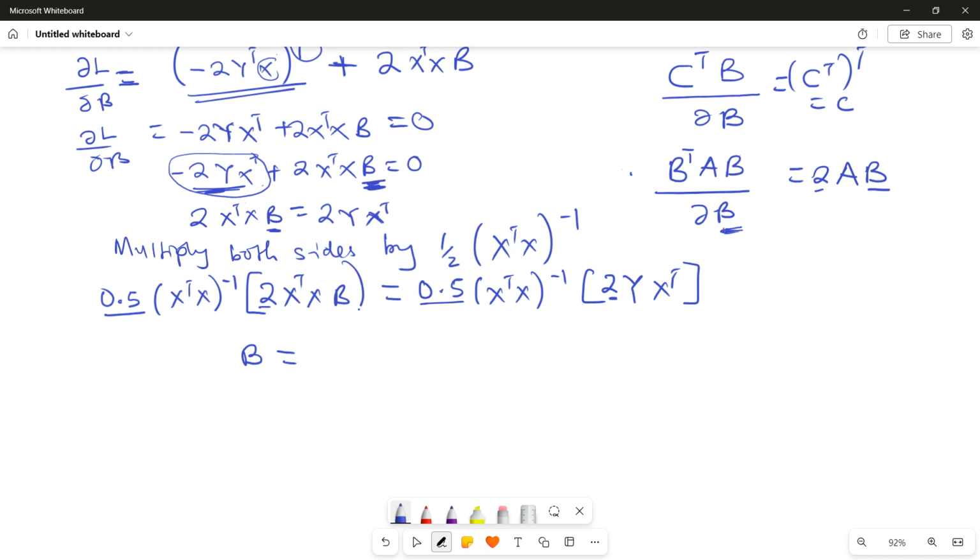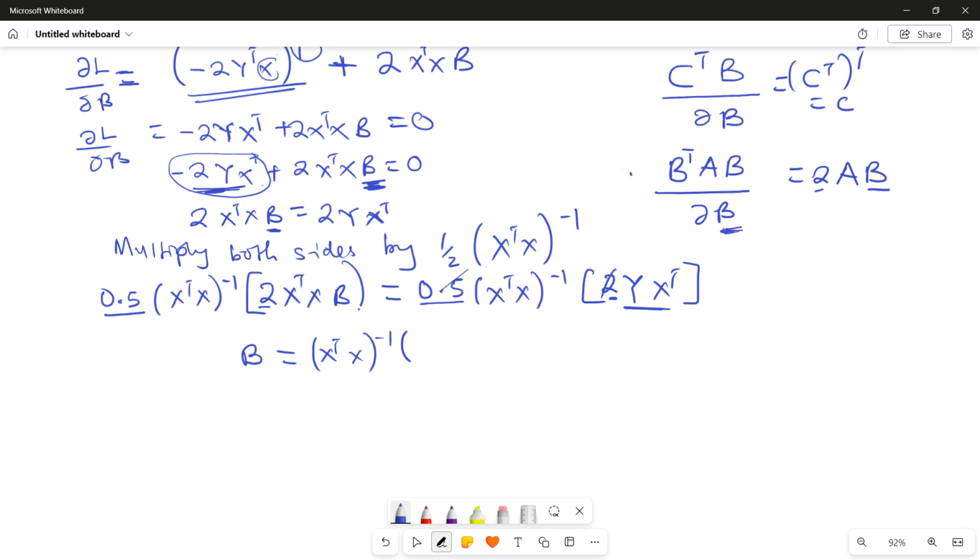This means that the final answer of everything is just x transpose x inverse, multiplied by y x transpose, because the 2 and the 0.5 will go.